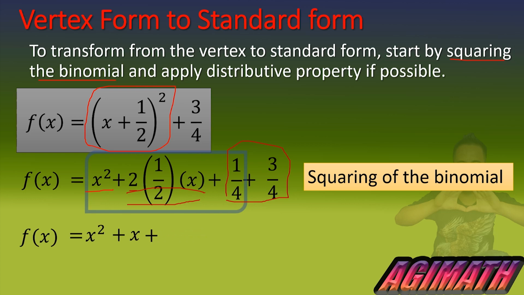Since we have similar fractions, we can just add the numerators. 1 plus 3 is equal to 4. 4 over 4 is equal to 1. And that's it. We were able to go back to the given standard form earlier. F of x equals x squared plus x plus 1.